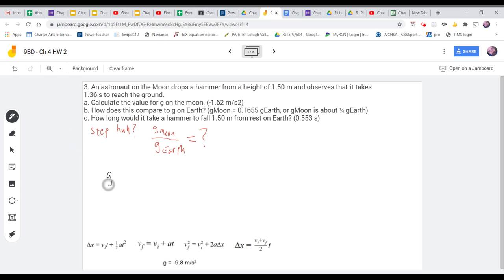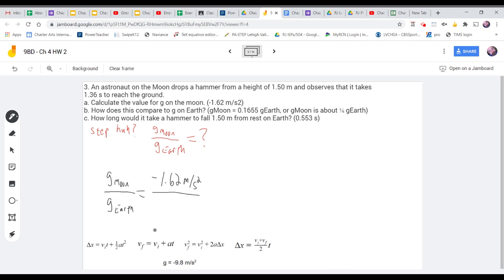So little g on the moon divided by little g on Earth. This will be equal to something over something. The top something will be the value we just found for little g, minus 1.62 meters per second squared.